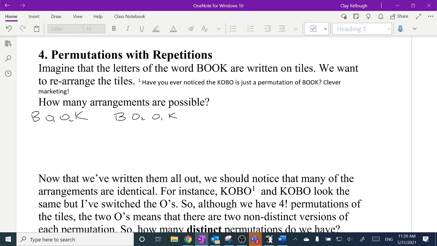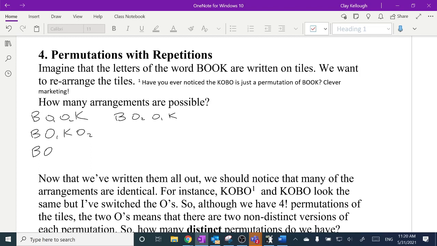Okay? Let's keep going. Let's do all of the ways I could have B first. So B's first here, and then the first O, and then the second O. I could have B, and then the first O, and then the K, and then the second O. I could have B first, and then the second O, and then the first O, and then the K. I've already got that one.